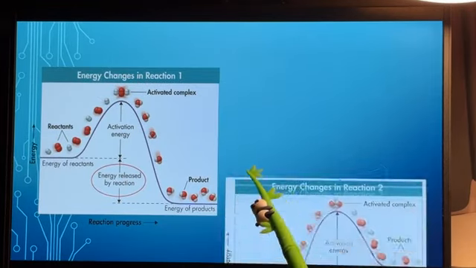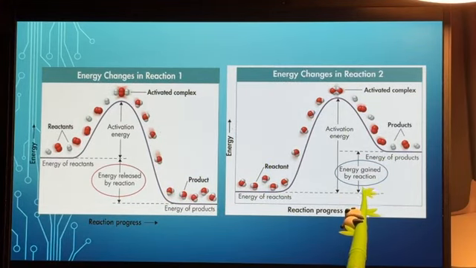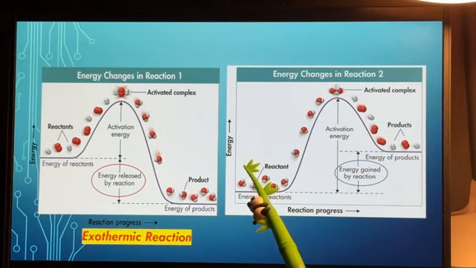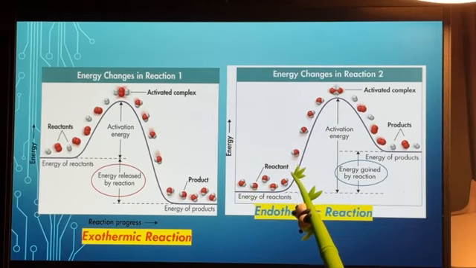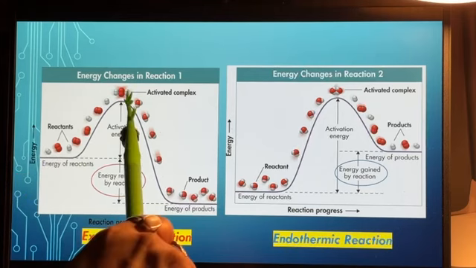Let us see this picture. Here I have two types of graph. On my left, I have an exothermic reaction, and on my right, I have an endothermic reaction. Now first, let us focus on the exothermic reaction. Here, the energy of the reactants has to overcome this peak.